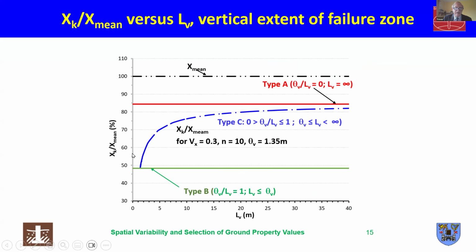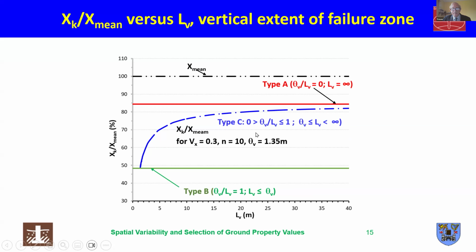So there's the graph for the particular situation of Vx equal to 0.3, n samples, and theta v equal to 1.35. The mean value is here, so that's when xk over the mean is 100%. Type A is when Lv is infinite, and it works out in this example to about 85%.